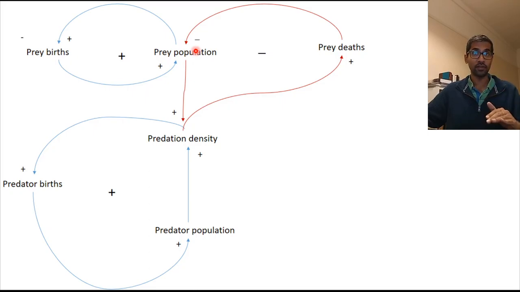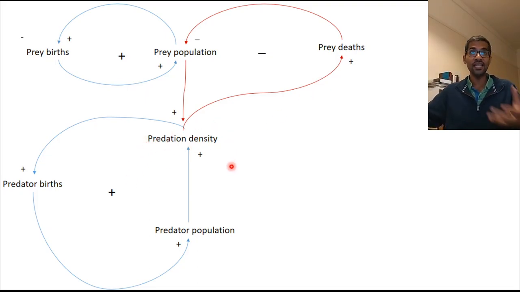It goes down, and as the prey population goes down, the predation density also goes down. So this loop is a negative feedback loop, because the increase of one of these quantities results in the control of this quantity.